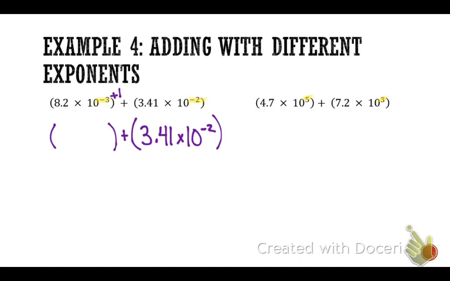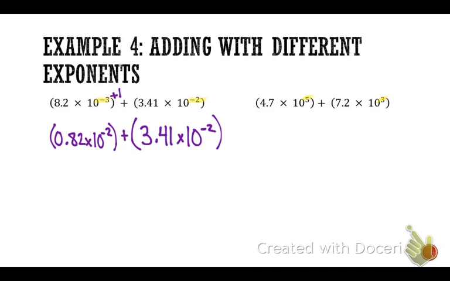So now to write an equivalent scientific expression, it would be 0.82 times 10 to the -2nd power. I increased my exponent by 1, and that moved my decimal to the left 1 place.